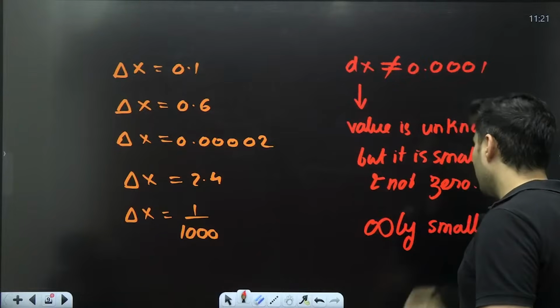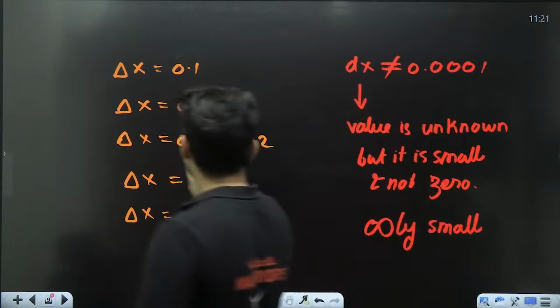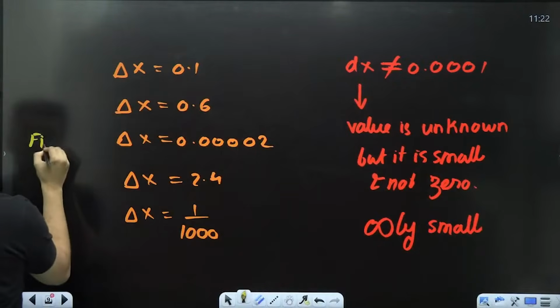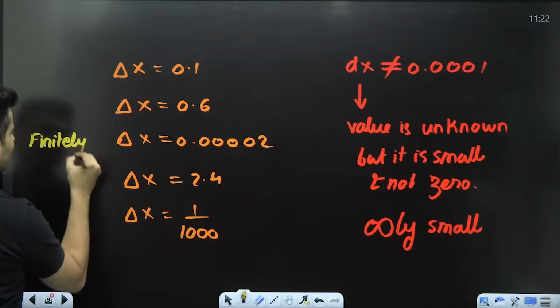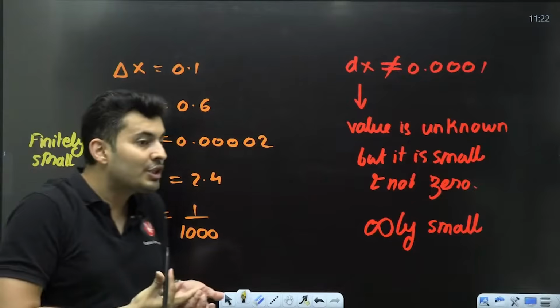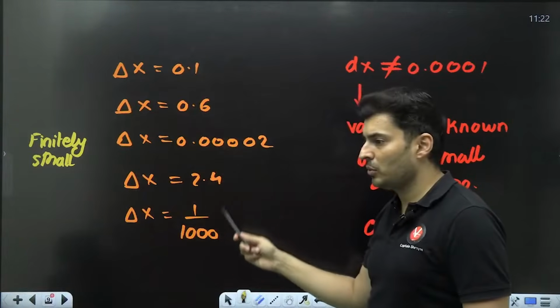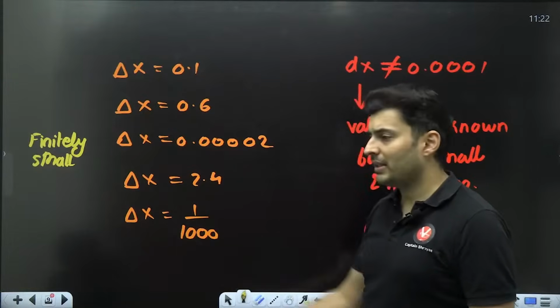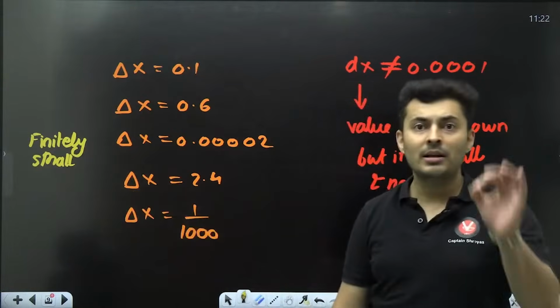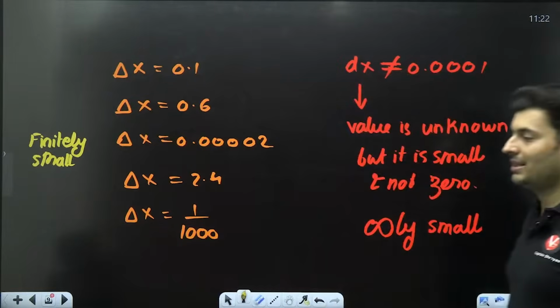This is an infinitely small value, whereas over here I can say this is finitely small. Finite means which you can measure; infinitely means which you cannot measure. You can measure these values: 0.1, 0.6, 0.00002, 7.4, 2.4, 1/1000. These are finitely small, meaning you can measure them. These things you cannot measure.